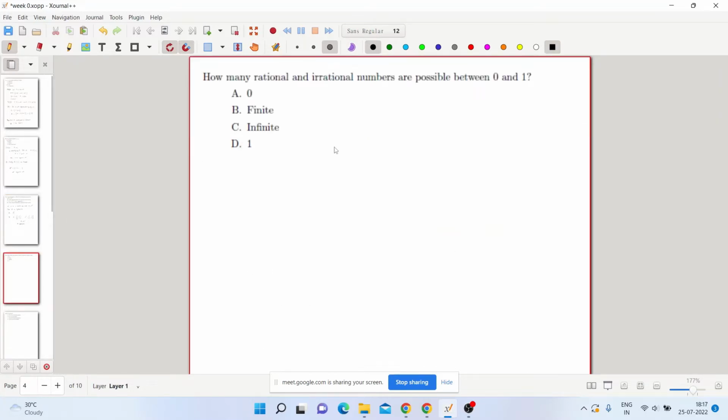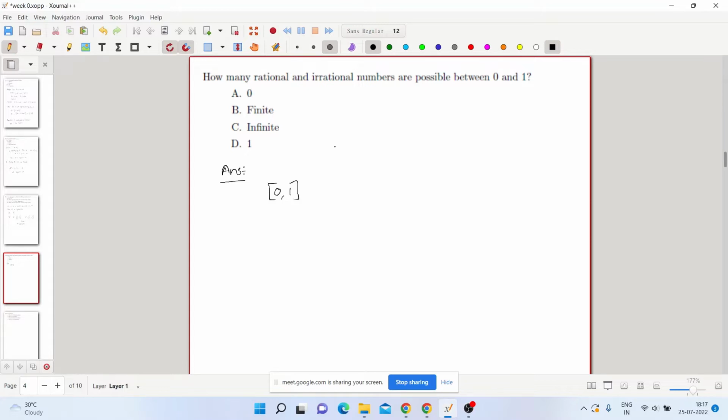Now, the next question is: between 0 and 1, how many rational and irrational numbers are there? Between 0 and 1, let us consider the closed interval [0, 1]. The question is whether the count is finite, infinite, and so on.